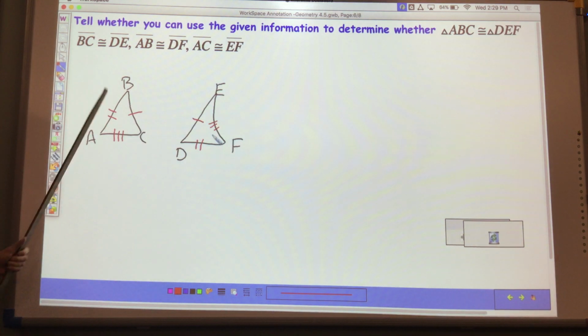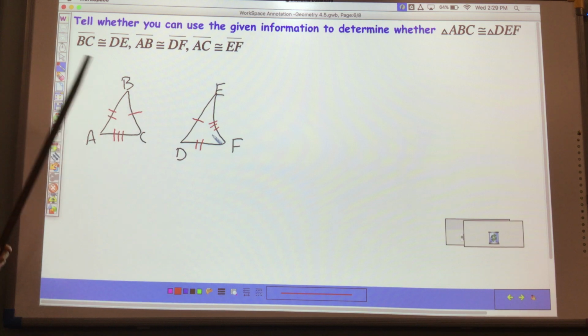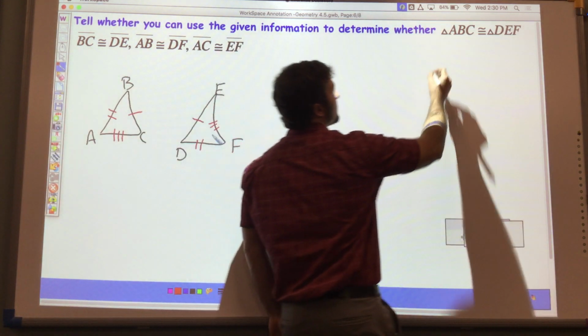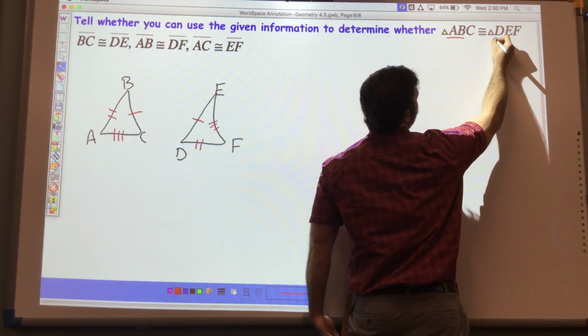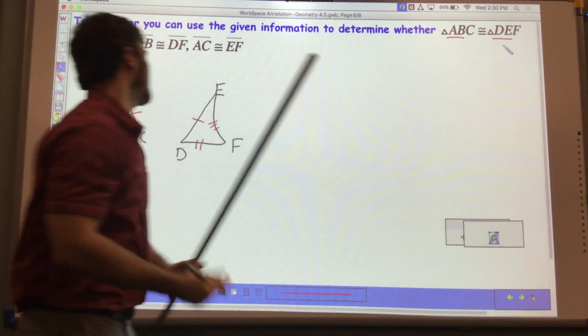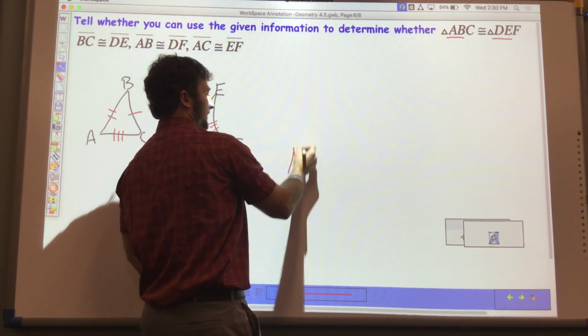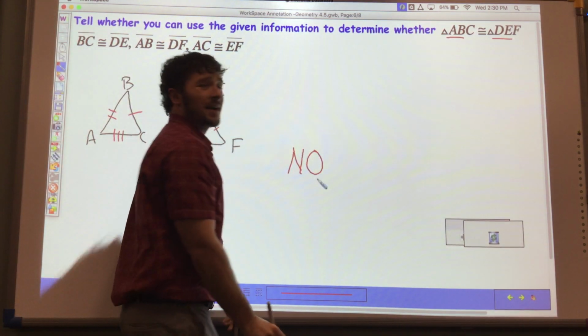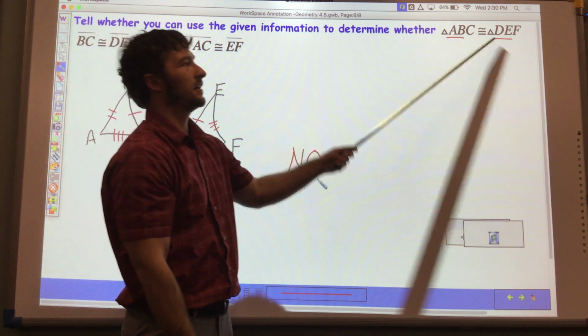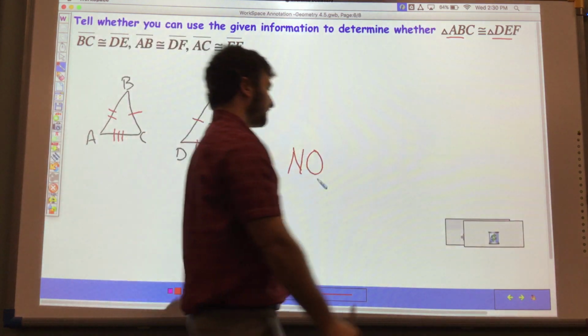Now, these triangles are congruent. They do have side, side, side, but does it match our congruence statement? Well, if this is true, then AB should be the same as DE, and it's not. So this one would be a no. Okay. Just because they have side, side, side doesn't mean you can write any congruence statement you want.